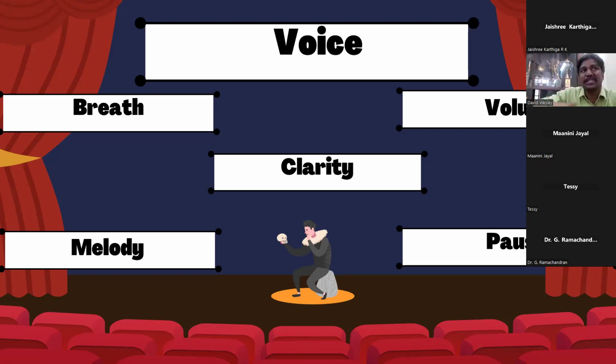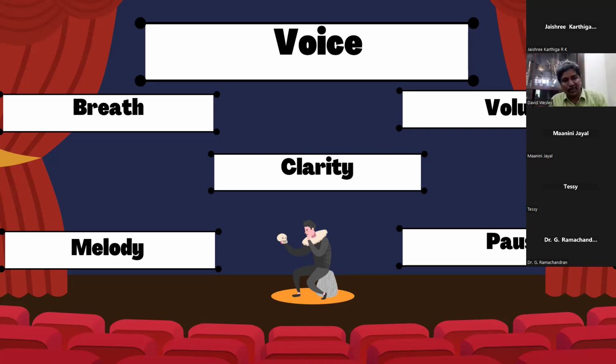And this continuous exercise of the volume will also give us, it's not about getting a loud voice that's important. It's about making the decision about when to use what amount of volume. So according to the situation, that is an interesting part of getting the volume, and the exercises also.